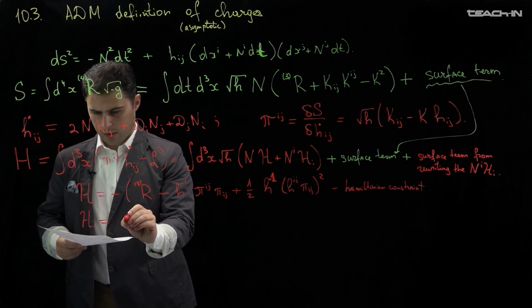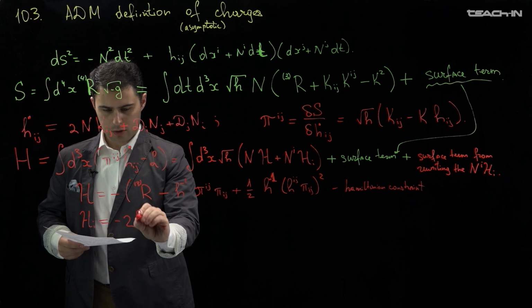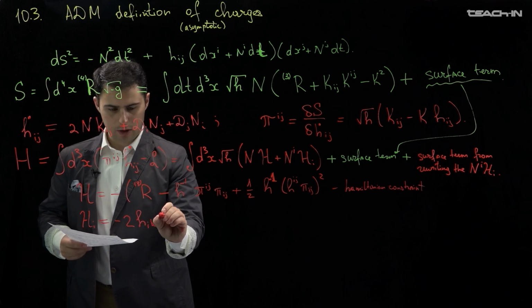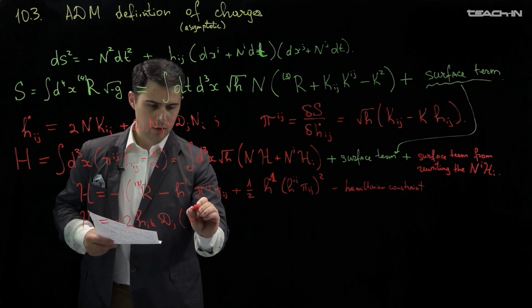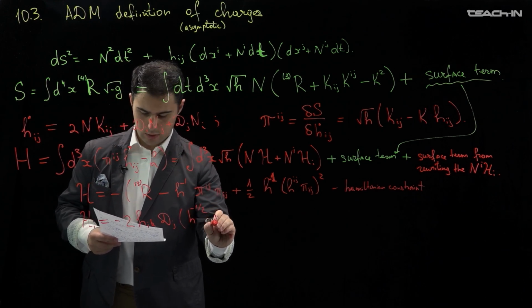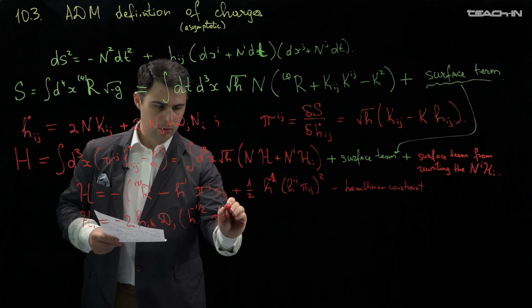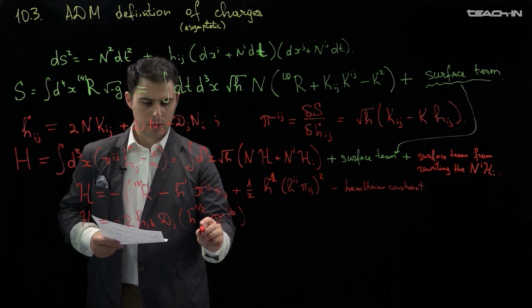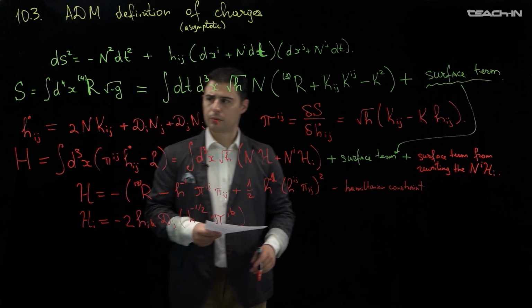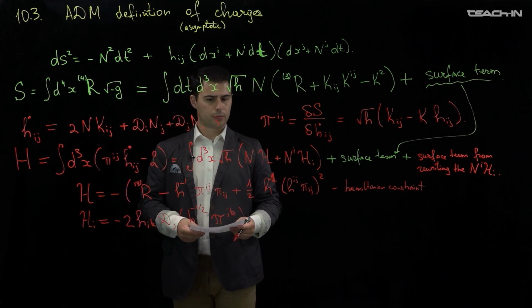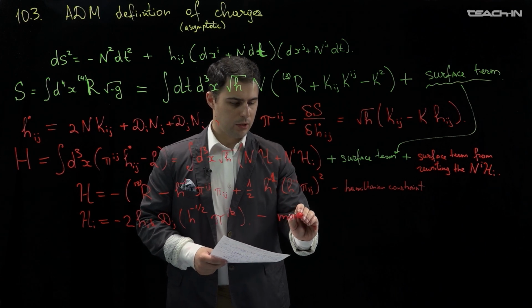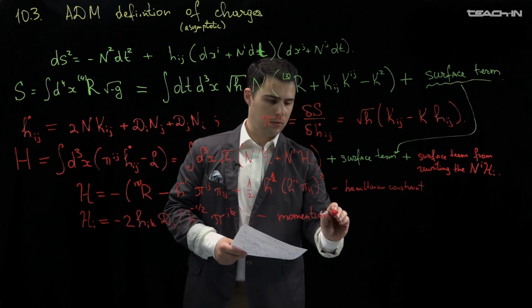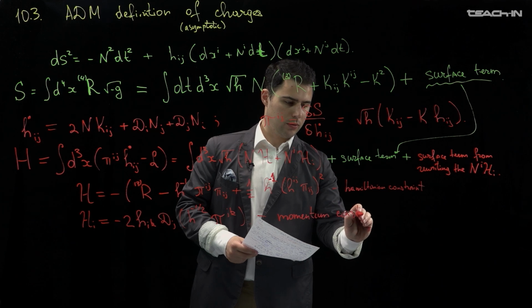H_i is then minus 2 h_ik D_j P^jk. This is the momentum constraint.